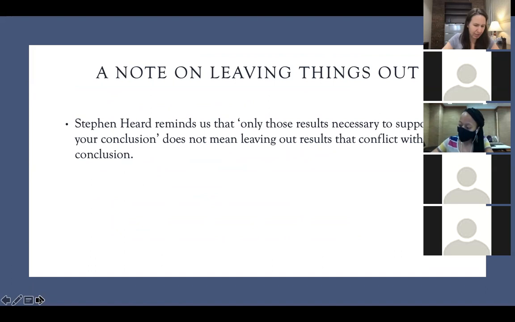So one important thing to think about is that Stephen Hurd reminds us that only the results necessary to support your conclusion are the ones that should be included in the paper. But that does not mean leaving out results that conflict with your conclusion, obviously. So I just wanted to point that out as you're figuring out what to include. If the results conflict, then that's something you need to consider as well.